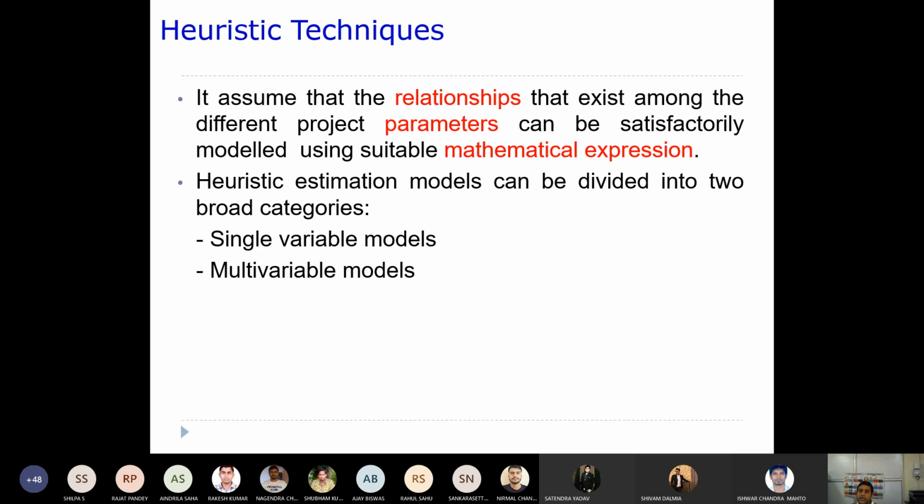You can predict how much effort will be required if the project size estimate is this. Here the independent variable is KLOC, and the dependent variable is the effort, because the effort is predicted based upon the independent variable KLOC. This is the way you need to understand it.